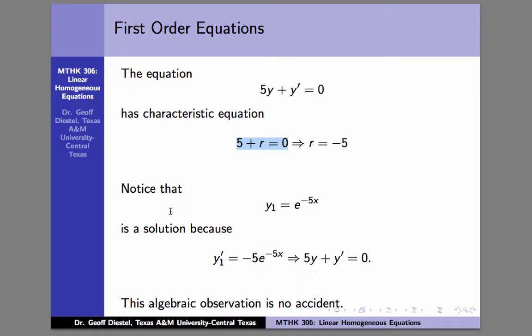So our homogeneous solution is that function y sub h, and we're going to make it a sum of two functions, some constant c1 times y1 plus some constant c2 times y2, where y1 and y2 are going to be of this exact exponential form, and the numbers appearing in the exponent are going to correspond to those roots of the characteristic equation. And this works for third, fourth, and higher orders.